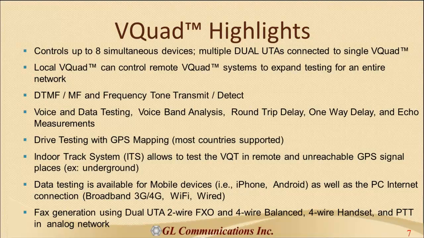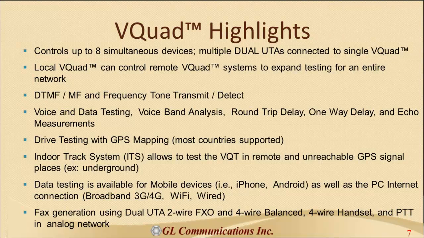It can control up to 8 simultaneous devices. Multiple dual UTAs can be connected to a single Vquad system. Currently, to one Vquad, we can connect 2 dual UTAs, and we are coming up with increasing the number of dual UTAs to 4 somewhere later this year.